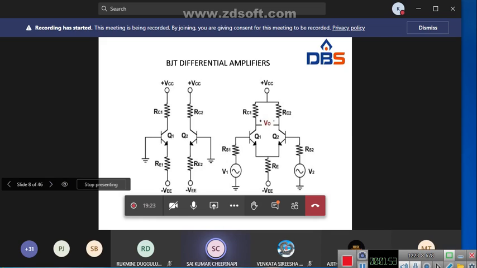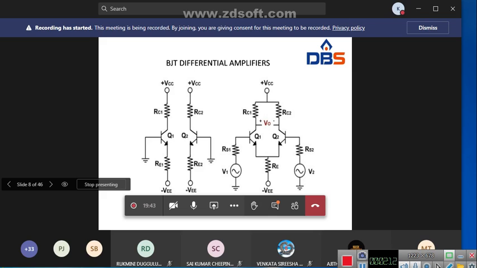And these are the BJT differential amplifier circuit diagrams. Here the two emitter resistors are combined and the two collector resistors are combined. We are using two transistors having the same characteristics.